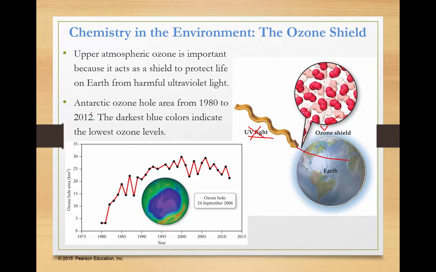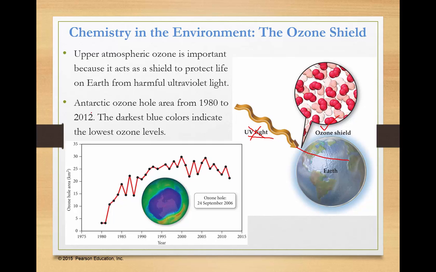All right, so we know that CFCs tend to get concentrated in the upper atmosphere in different areas over the Earth, and that's just because of the movement of air and wind and different things, and not so much air in the upper atmosphere, but the movement of particles and the movement of our atmosphere.